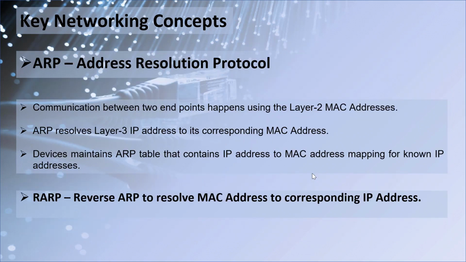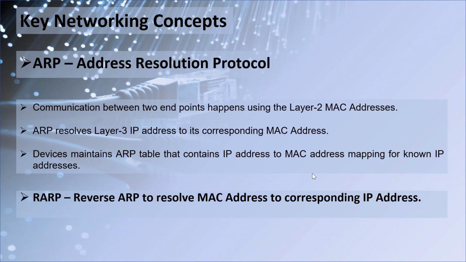Next, we will talk about ARP, address resolution protocol. In the network world, whenever any communication between two endpoints happens, it is based on IP addressing, that is layer 3 addressing, and layer 2, that is MAC addressing. ARP is the protocol that resolves layer 3 IP address to its corresponding MAC address.